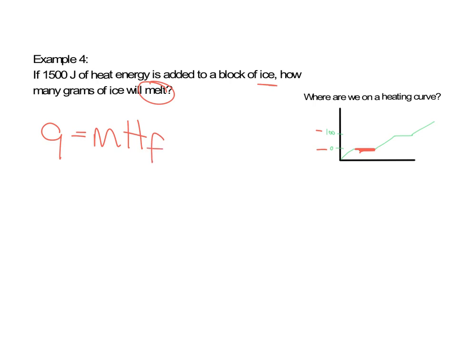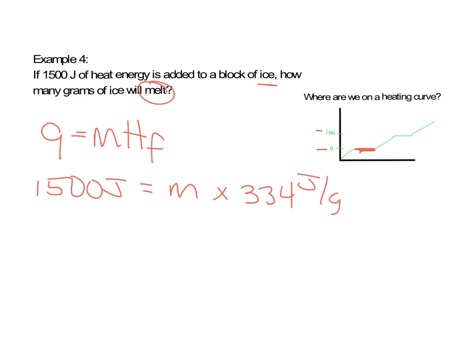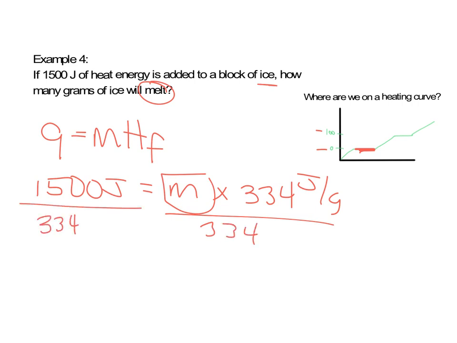We have joules, so we know 1,500 joules is going to equal, we don't know mass, times HF. The HF for water is 334 joules per gram. Since we're trying to find mass, we're going to divide both sides by 334. So we're going to divide 1,500 by 334, and we're going to get 4.5.